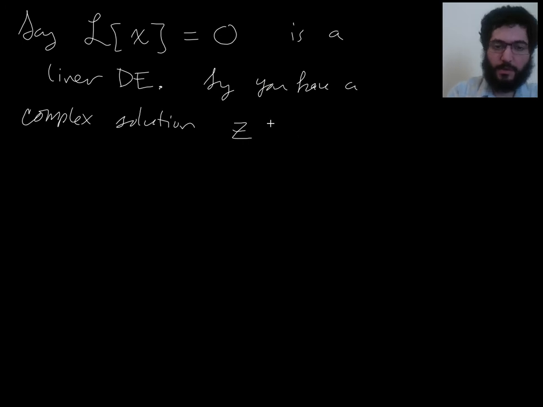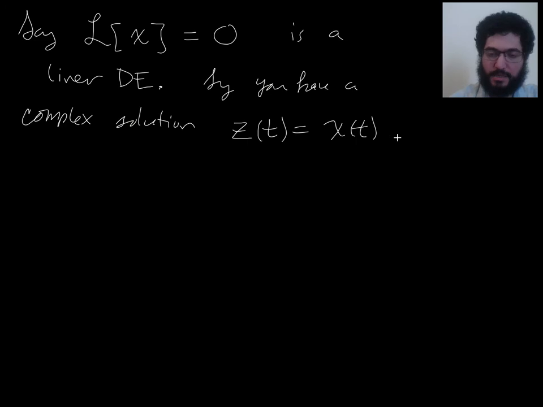So I'm going to call the complex solution z of t rather than x of t, just because we often use z for complex numbers. So let's call it x of t plus y of t times I.